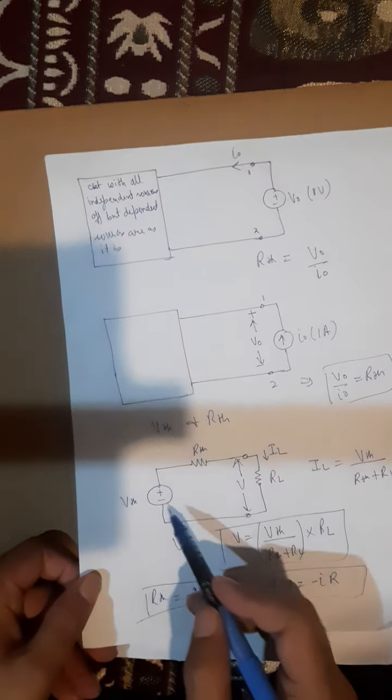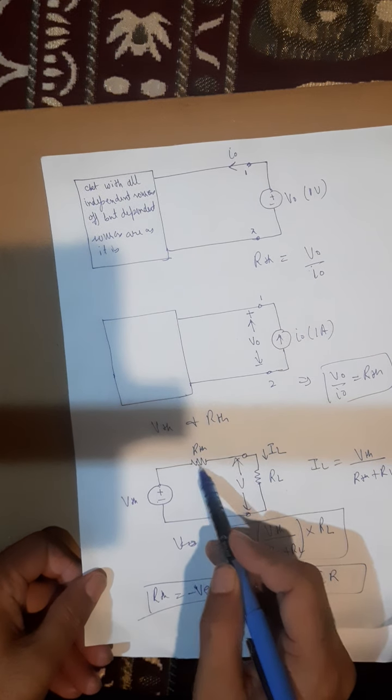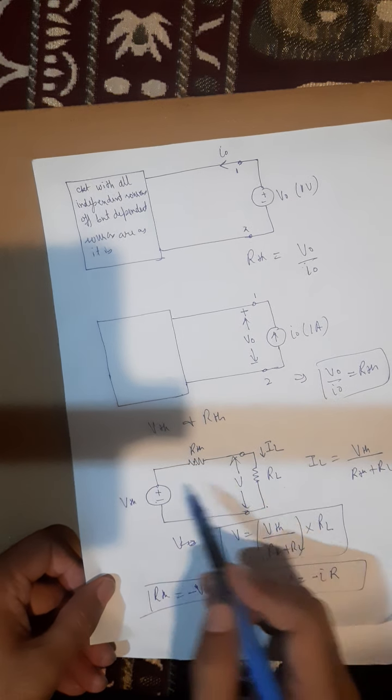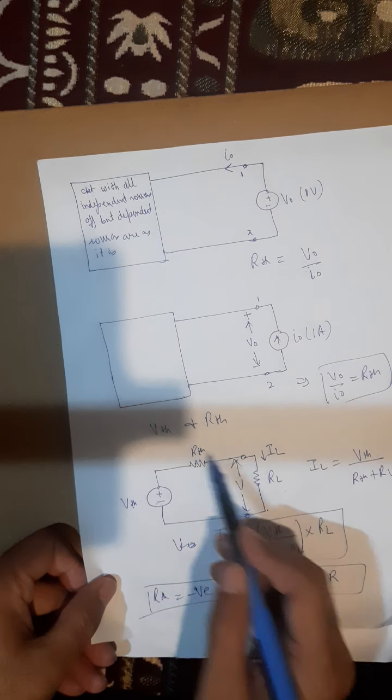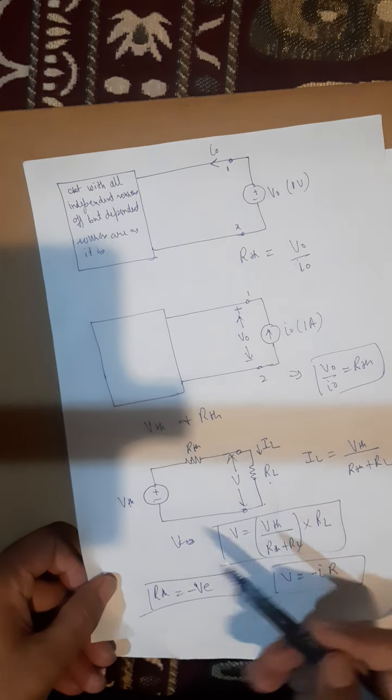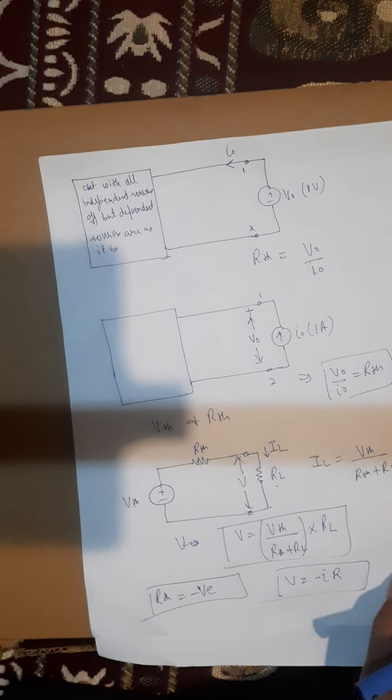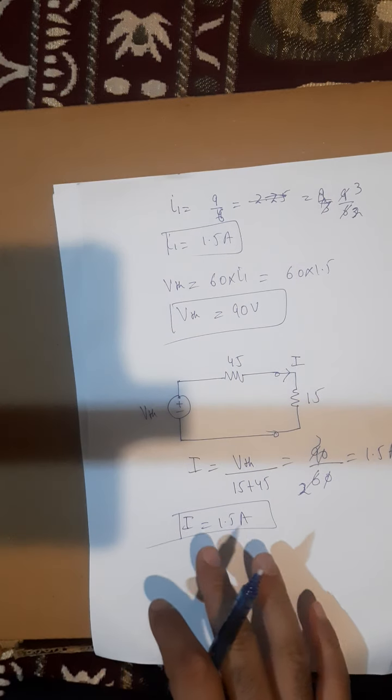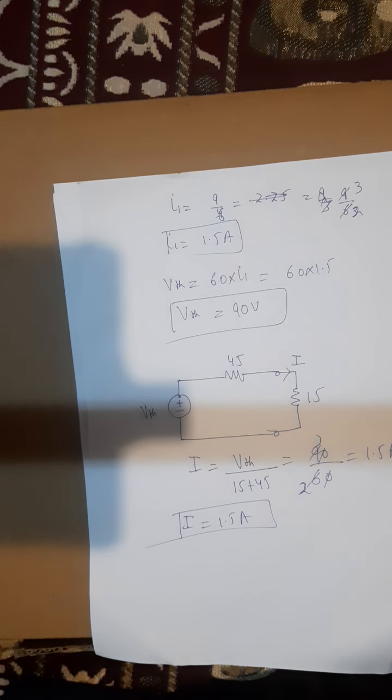Then I draw the Thevenin equivalent: VTH, RTH in series, and the load. So you can easily calculate the load current or load voltage. So this was the first problem about the Thevenin equivalent circuit.